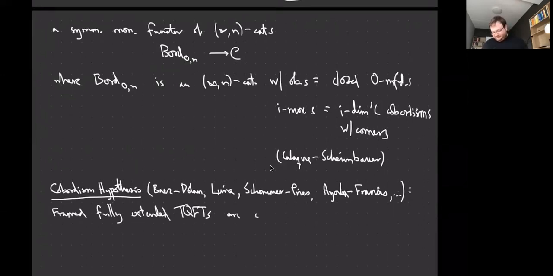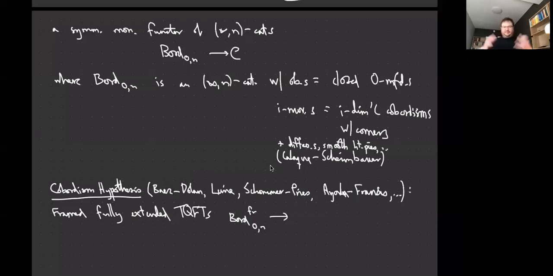These are determined by, well, so this is supposed to be a symmetric monoidal functor from this framed Bord_n. Oh, I forgot to say that we now also have, this is the n part of the infinity-n category, and after n you add on diffeomorphisms and smooth homotopies and so on. So you also have the full space of diffeomorphisms between the manifolds at the top level.